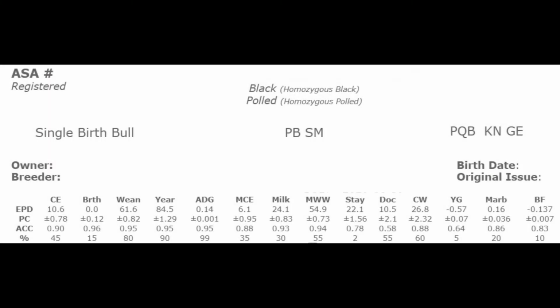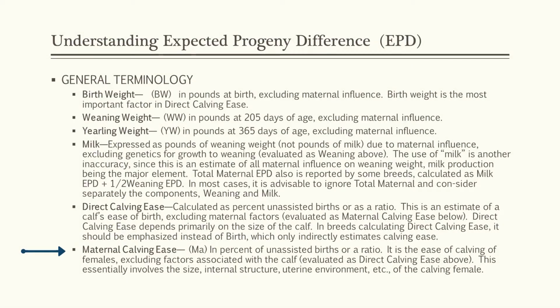Maybe you're looking at something else. Maybe you're interested in retaining replacement heifers with your new bull. Then you want to look at a slightly different calving ease. Calving ease is still good, but we would like to look for what's called calving ease maternal, or CEM. Calving ease maternal is the ability of this sire's daughters to have calves unassisted at birth.